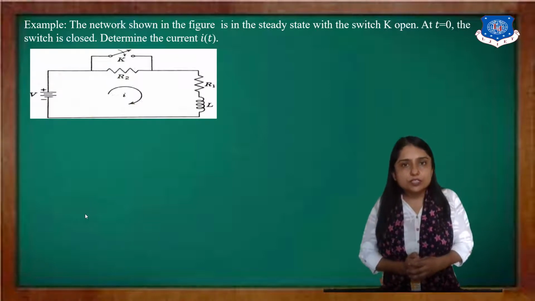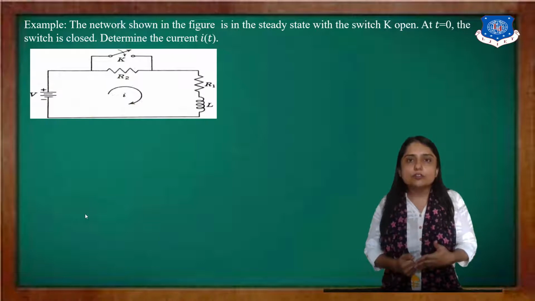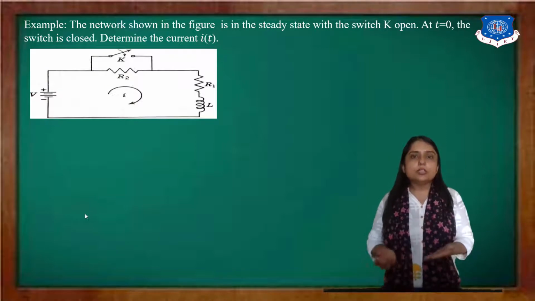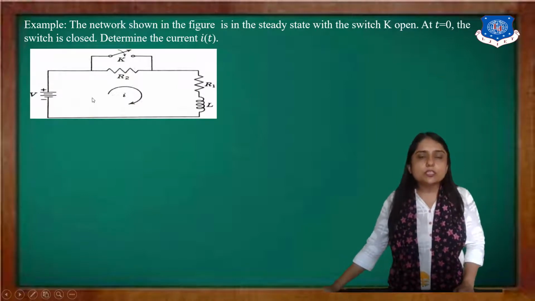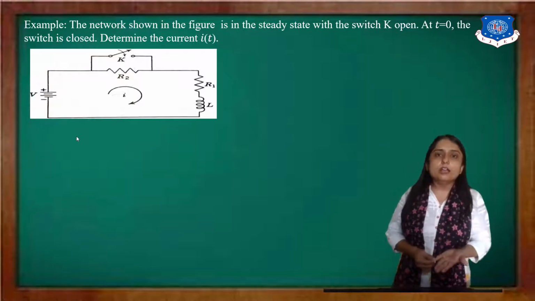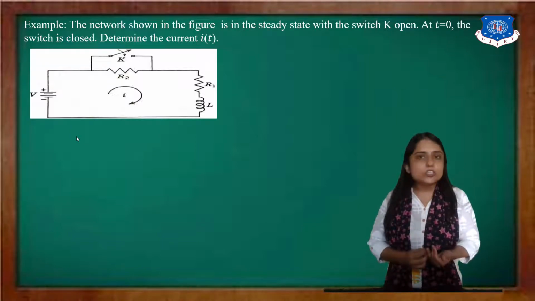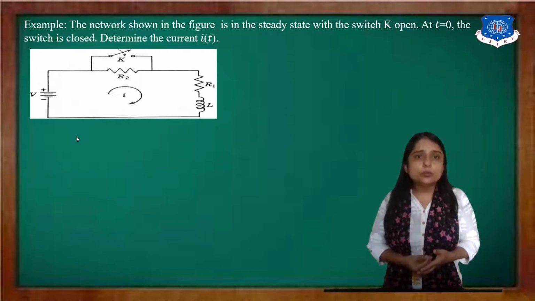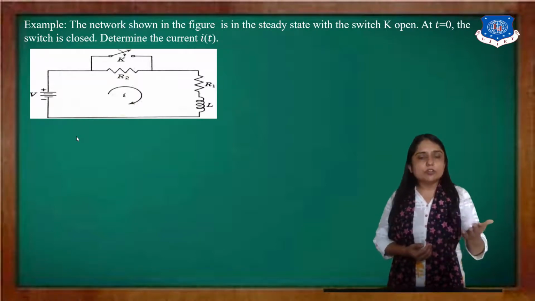But if in an exam it is specified that you have to use the differential equation method, then you have to use the first order differential equation method. If nothing is specified, then you can use either Laplace or this method. And this is a first order system, because based on the definition, the circuit should contain only one energy storage element, and here only an inductor is present, there is no capacitor. The circuit can contain more than one resistance, so here I have two resistances, R1 and R2, and a switch K for the switching action.